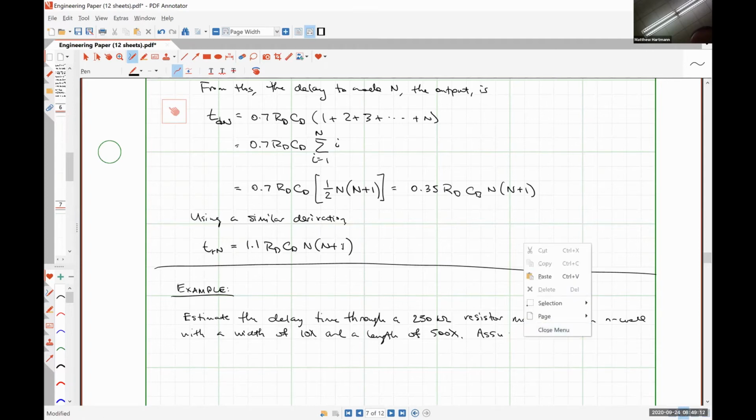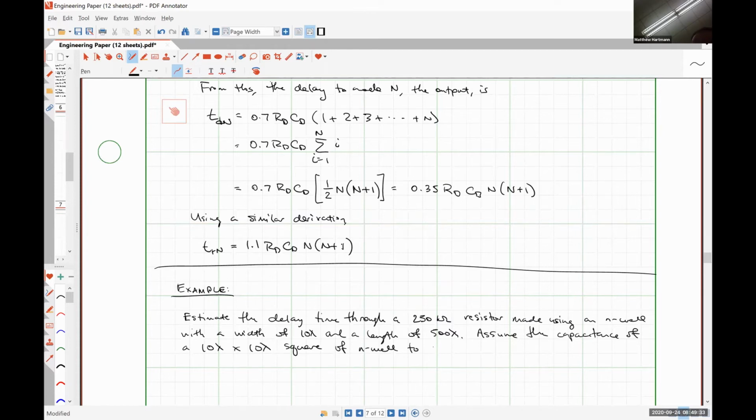Assume the capacitance of a 10 lambda by 10 lambda square of N well to substrate is 5 femtofarads.